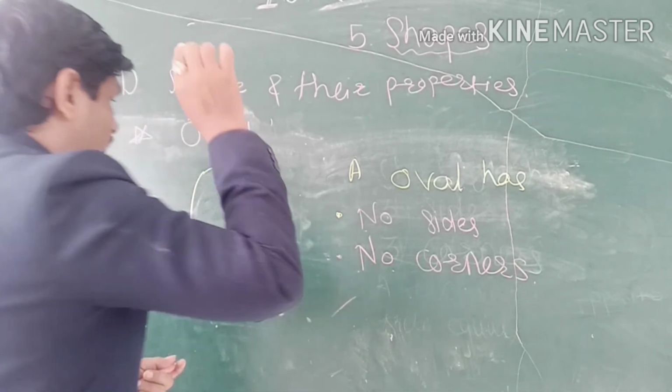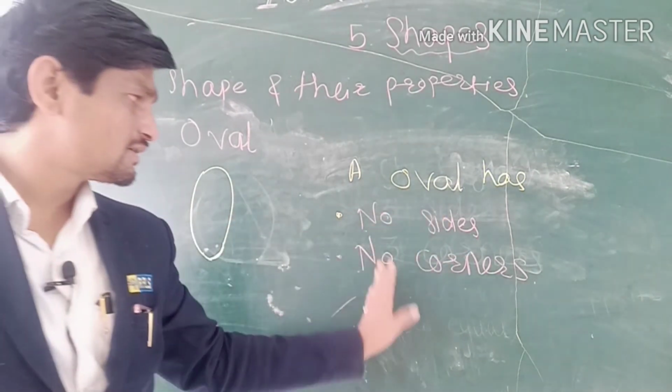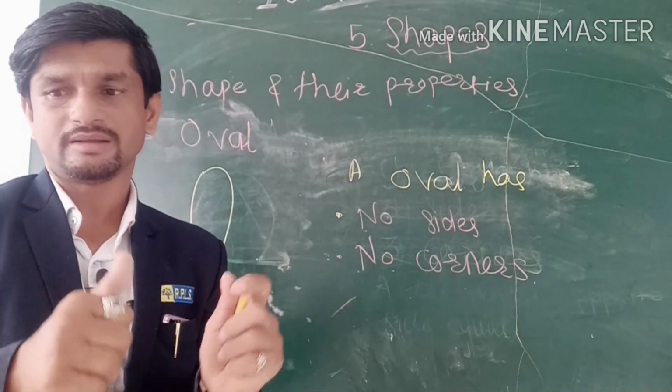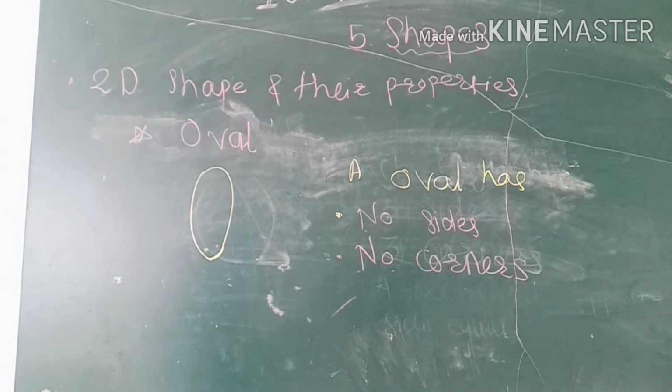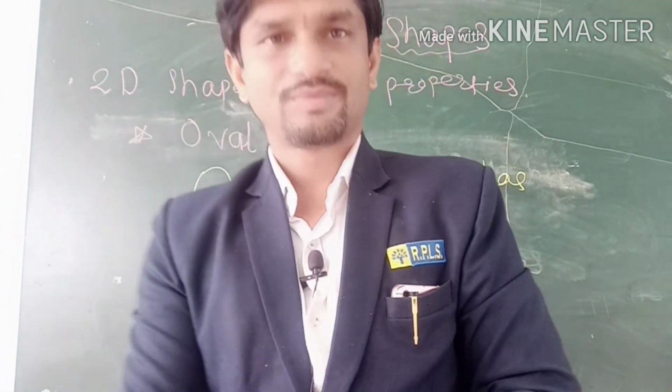This is the oval. See, no sides, no corners. ओवल में साइड्स और कॉर्नर होती है क्या? नथिंग. कीप इन योर माइंड. अंडरस्टूड अबाउट दिस? ओके, I hope you understood about this very well.